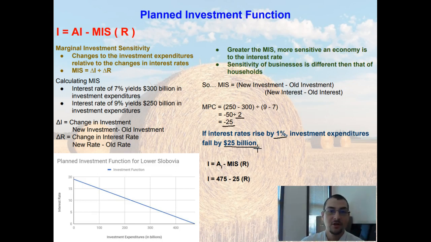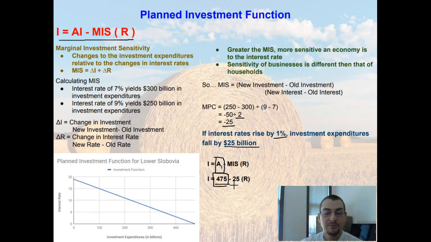So how does all this look if we plug it back into our formula? We have this autonomous investment of $475 billion. What that means is if there were no interest rates, if you could go out and get a loan without any interest rate, no penalty, and no additional cost, then the total investment expenditure would be equal to $475 billion.